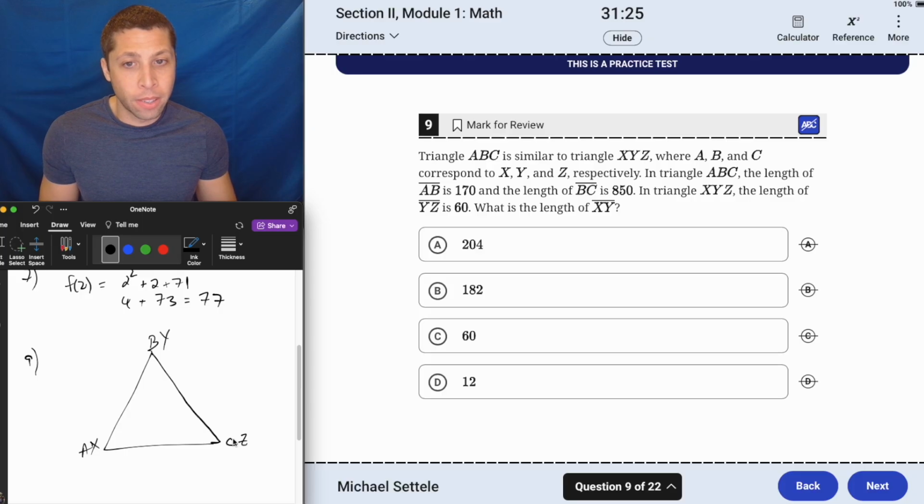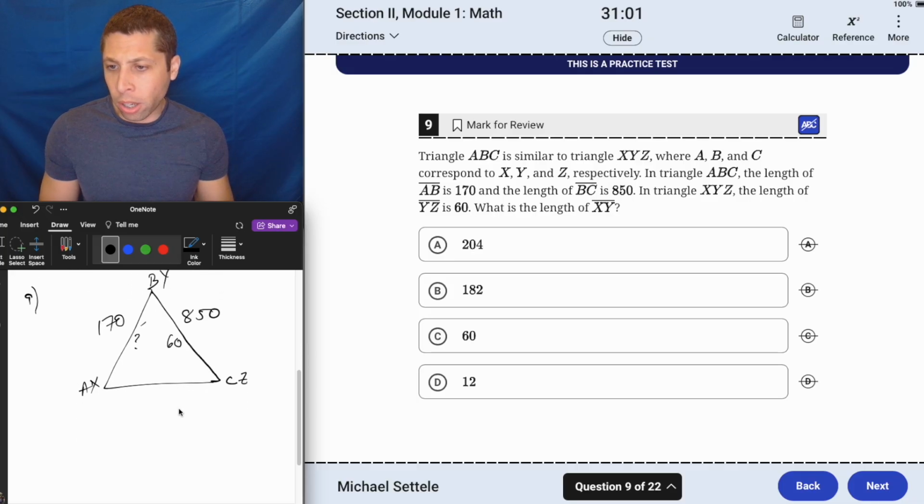The length of AB is 170, so that's here. And the length of BC is 850, so that's here. The length of YZ is 60, so YZ is in here. So let's put it like this, right? The outside is ABC, the inside is XYZ, and they want to know XY, which is right here.